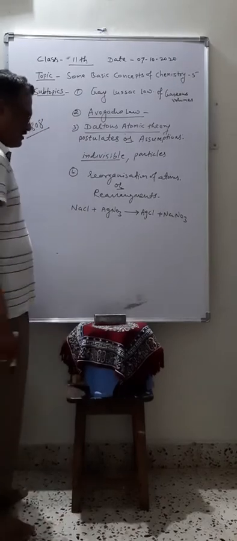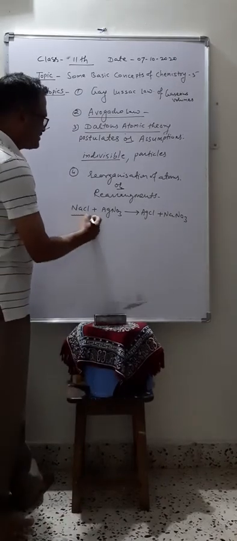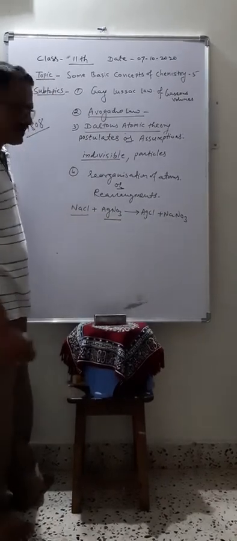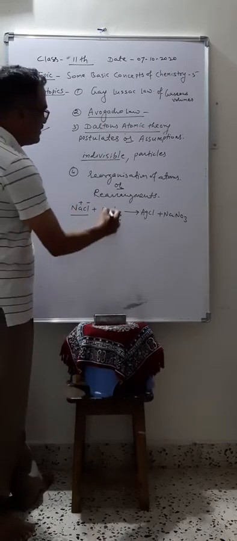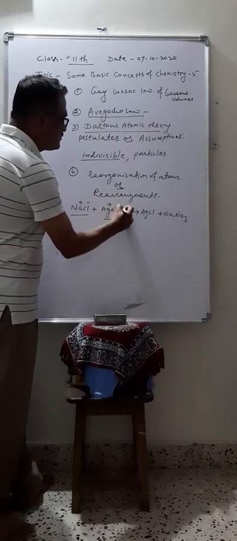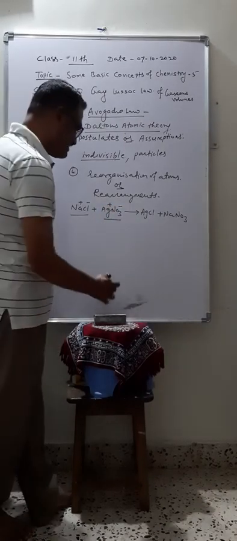Now this is a chemical reaction. In this chemical reaction, these are the salts, inorganic salts. Here Na is the positively charged radical, Cl is the negatively charged radical. Here Ag is the positively charged radical, nitrate is negatively charged radical.